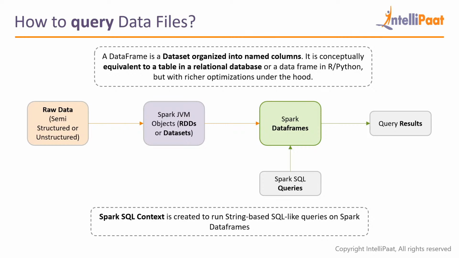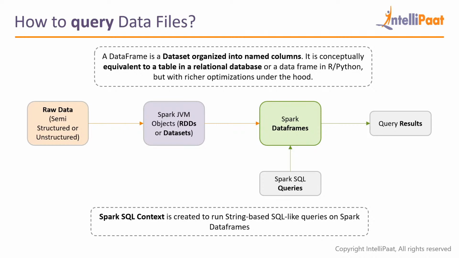These are not normal data frames that are present within one system. These data frames could be present throughout multiple systems on multiple nodes in a cluster. And you wouldn't even notice the difference. You are just seeing it from one point of view where you see the entire data frame in one page, right? So that is the difference between a normal data frame and, say, an R/Python data frame.